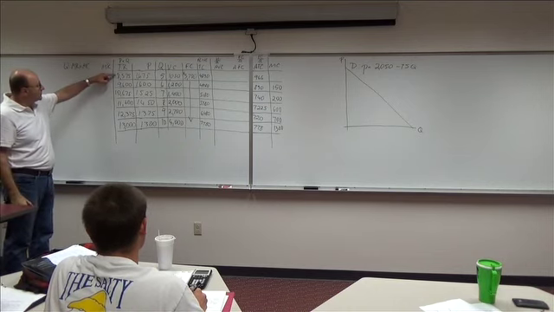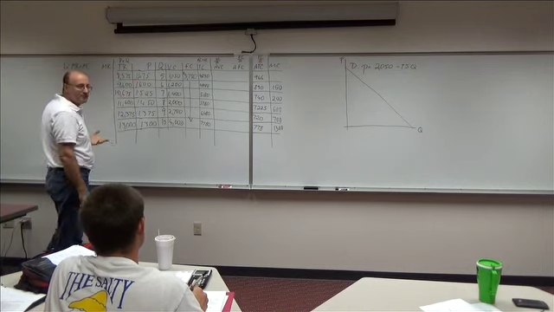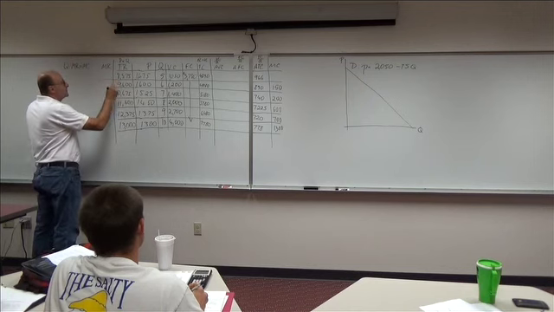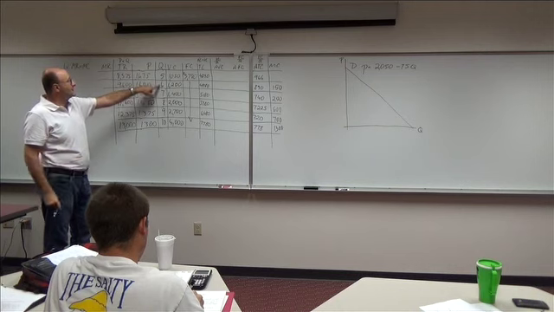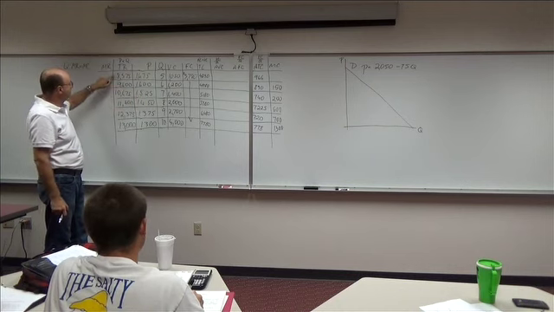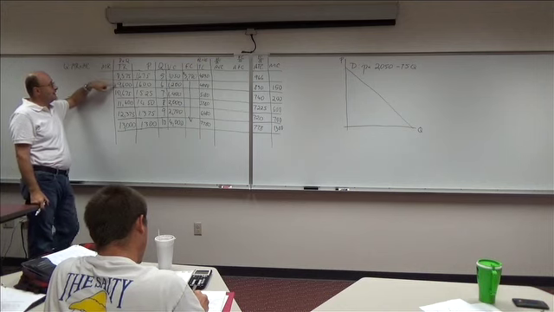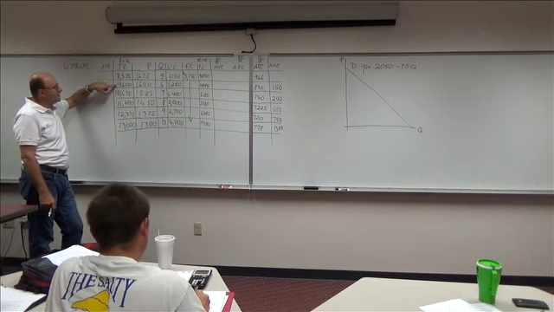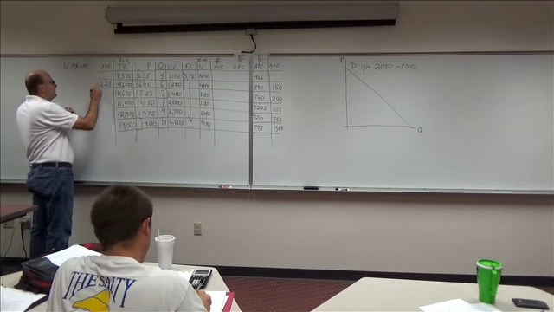Well, marginal revenue is the increase in total revenue when you produce one more unit, right? So how much does your total revenue increase when you produce the sixth unit? It increases from 8375 up to 9600. How much is it? 1225. Thank you.